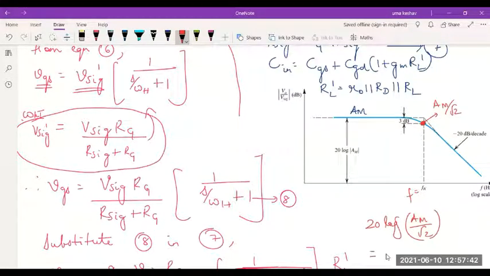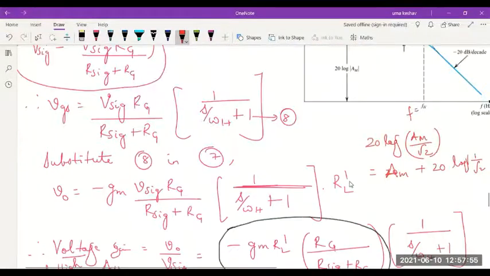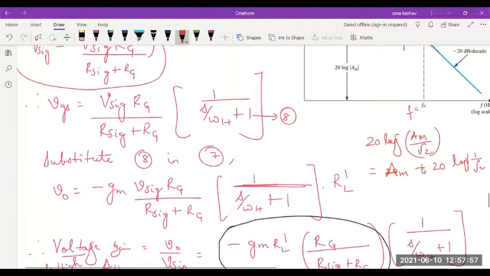If you take AM outside, you get minus 20 log 1 by root 2, which will result in a negative value. You'll get this value as minus 3 dB. If you find 20 log 1 by root 2, you'll get that as minus 3 dB.